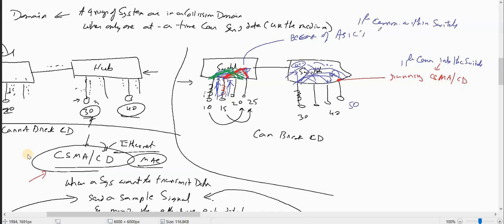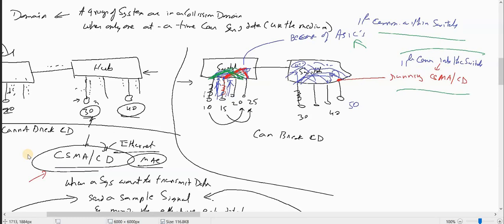So that's why parallel communication within the switch is possible because of the ASICs. They can even start sending parallelly because CSMA/CD is running on the port level.